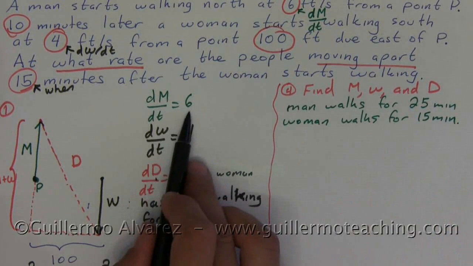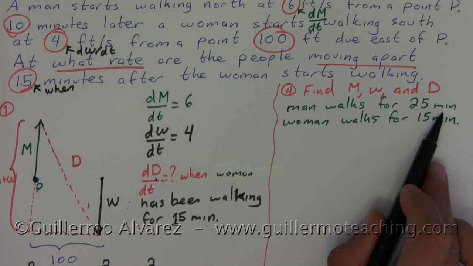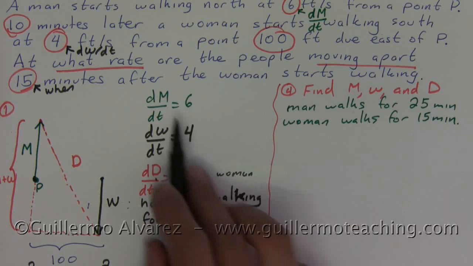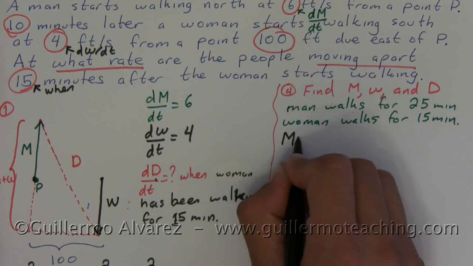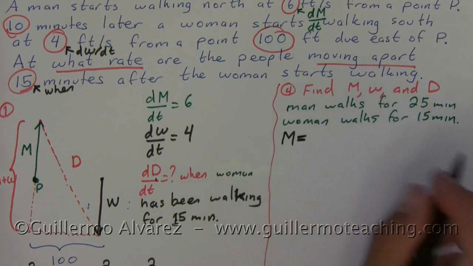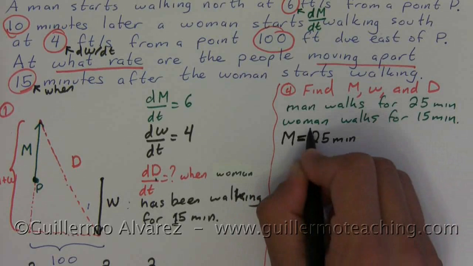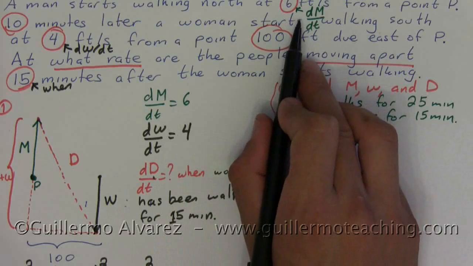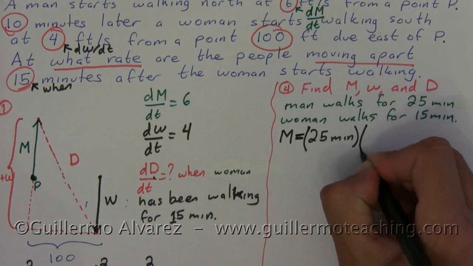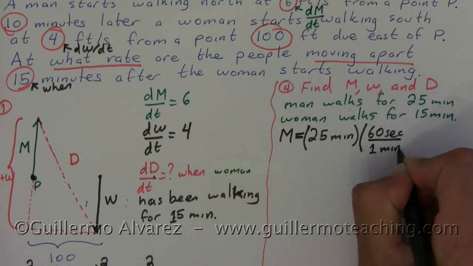Using that, I know how fast they're going. So if the man is going 6 feet per second and he's walking for 25 minutes, I just need to figure it out. Now here you have to be careful with your units because the rate is in feet per second. So I need to turn 25 minutes into seconds. Remember that 60 seconds is 1 minute.